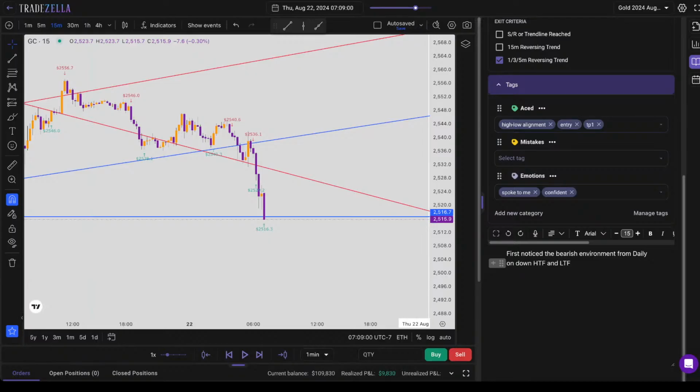High time frame and low time frames, all bearish. The 6 hour really stood out to want to make a move downward. RSI is pointing down and split.